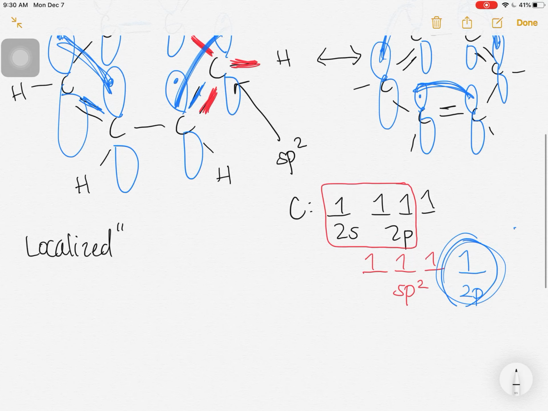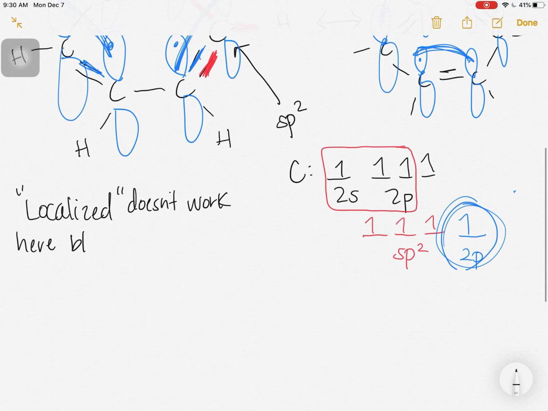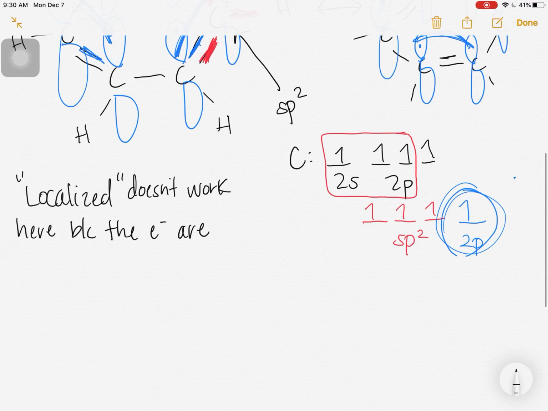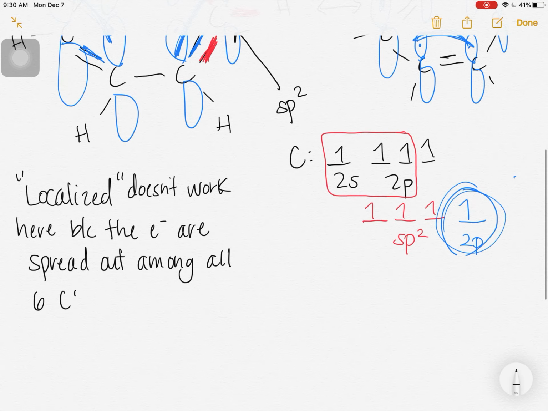So the term localized doesn't work here, because the electrons are spread out among all 6 carbons in the molecule.